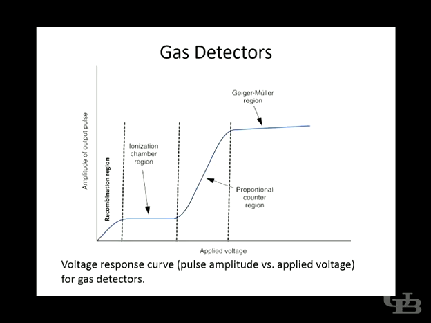If you increase the voltage further, now the charges will be accelerated even more. Each electron is guaranteed to produce another ionization, and the produced ionization will be accelerated also. So you have the so-called avalanche effect because the acceleration is so significant.